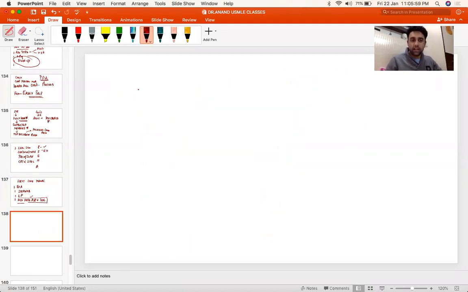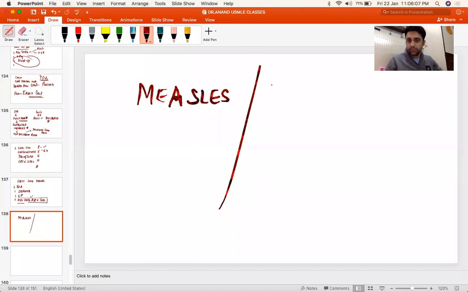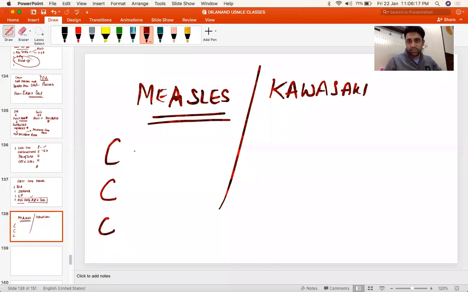Can anyone tell me how the conjunctivitis of measles is different from the conjunctivitis of Kawasaki? Rohan, what do you think? Measles has the 3 Cs: cough, coryza, and conjunctivitis.